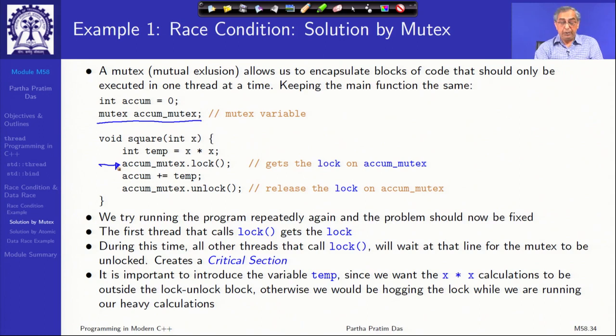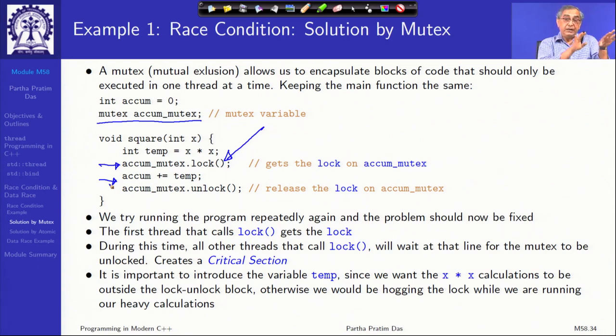The lock is an atomic operation. The first thread that comes here will get the lock and will be allowed to go on to the next instruction. But the second thread which comes to this point will not get the lock, because the lock has been given to one thread. It is like having a unique key.